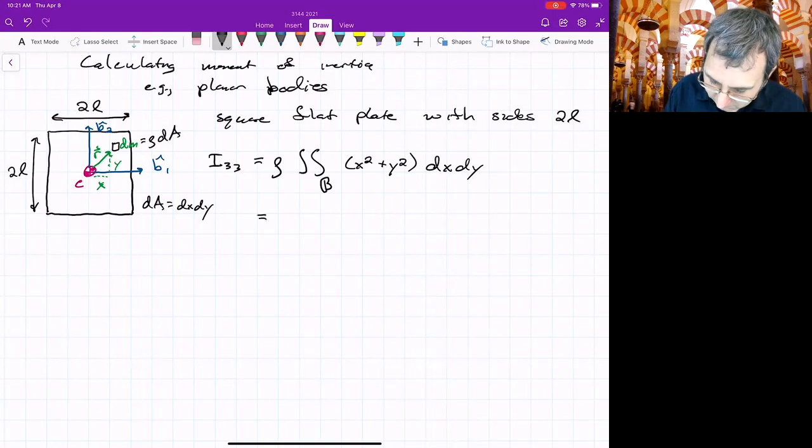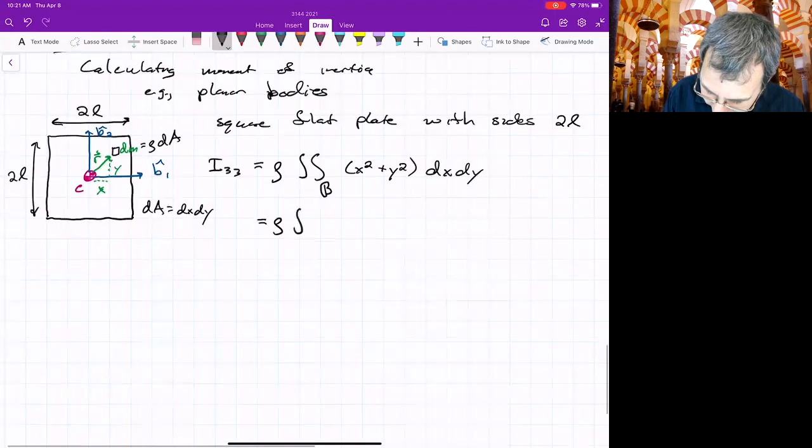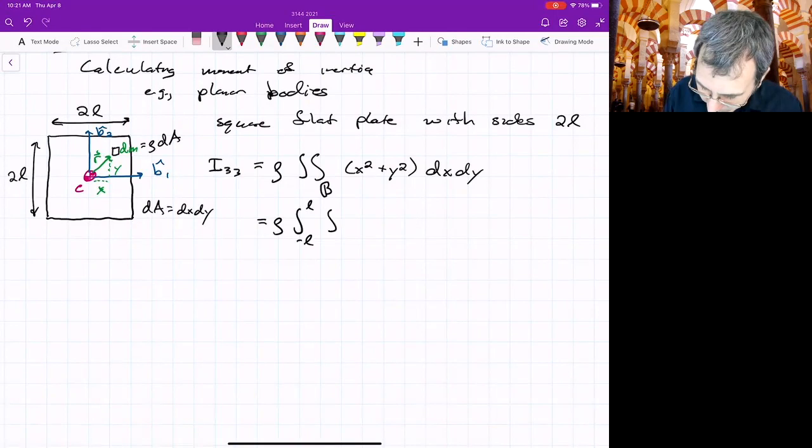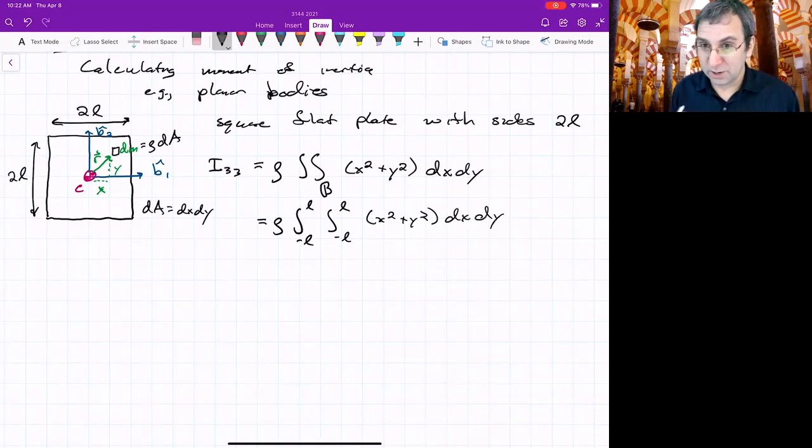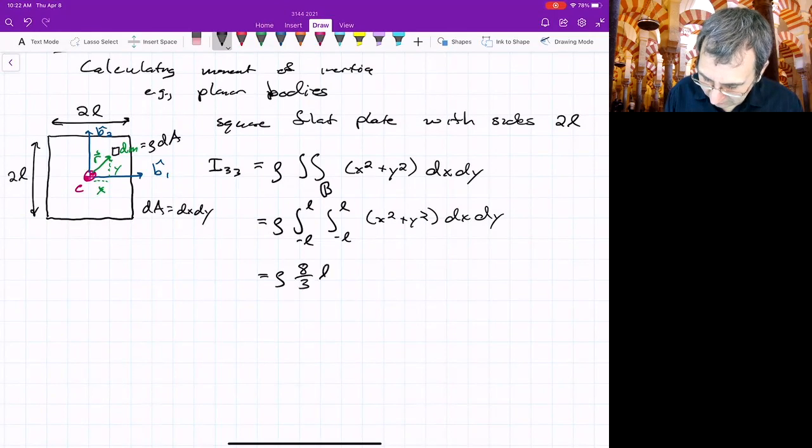And if I am careful about what the limits of integration are, this is where it's convenient to write the sides as length 2L because I'm integrating from negative L to L in both directions, x squared plus y squared. And you can do that. Here's what you'll get. You'll get rho 8/3 L to the 4th.